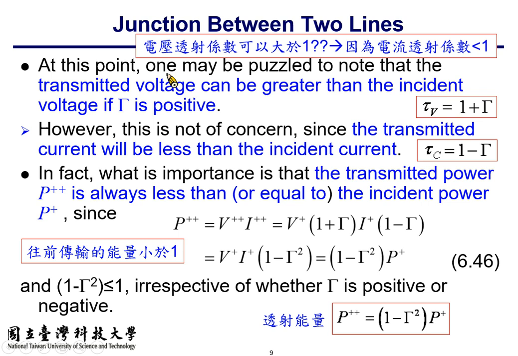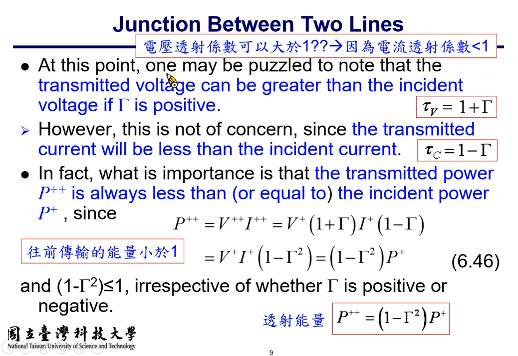So if we try to calculate the transmitted power, which can be represented with P double plus, that is the power. Because when we take the electric field times the magnetic field, that is the Poynting vector, which is a power density. But now we are taking V times I, so it is not a density, it is power. V times I gives power. So P double plus is the product of the transmitted voltage signal and current signal.